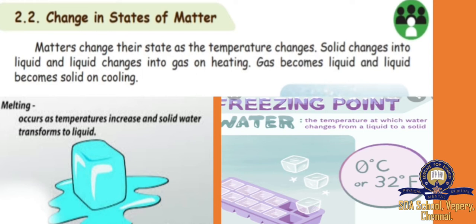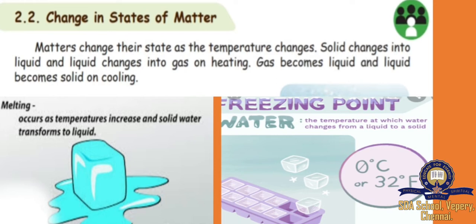Solids become liquids and liquids change into gas on heating, and gas becomes liquid and liquid becomes solid on cooling. So we have seen four changes of states. What are those four?